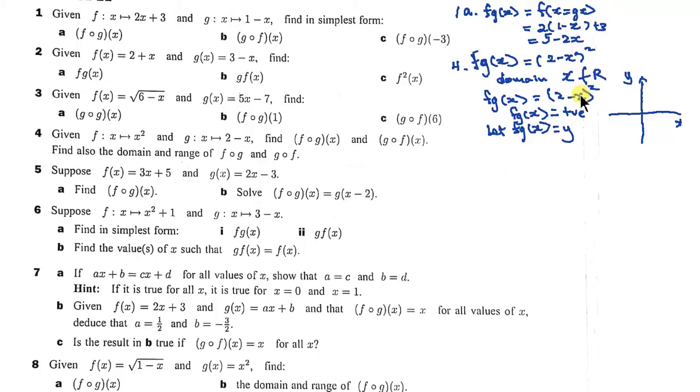So 0 squared is still 0. So when x is 2, the y value is 0.